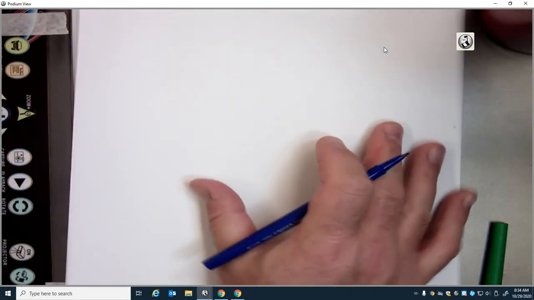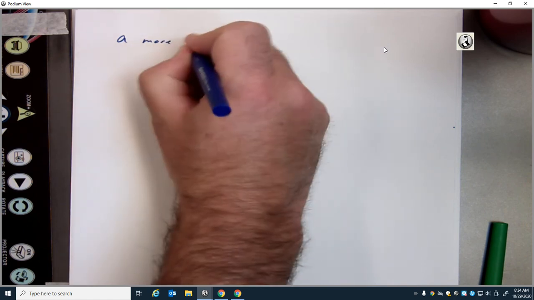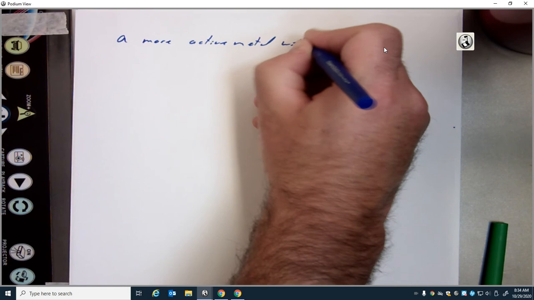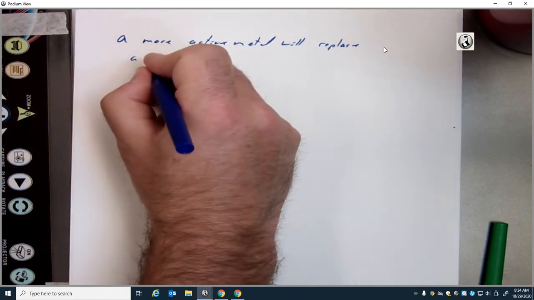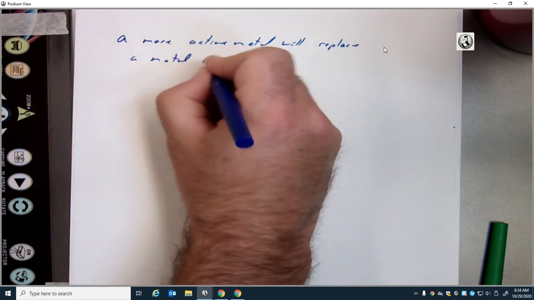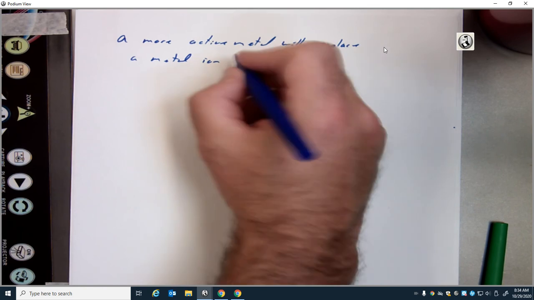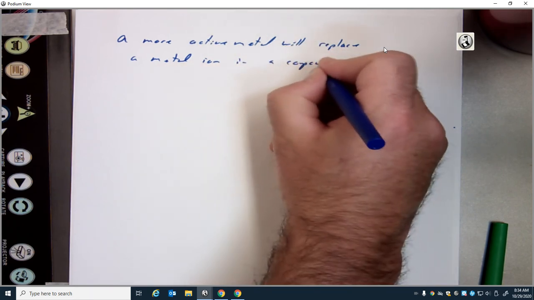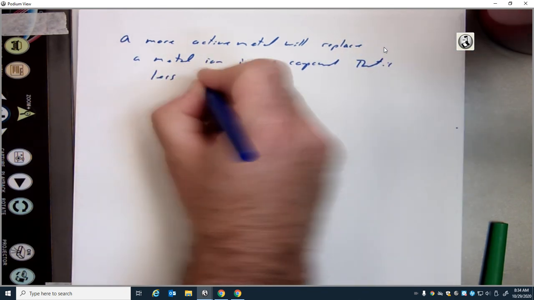Over here, a more active metal will replace a metal ion in a compound that is less active.